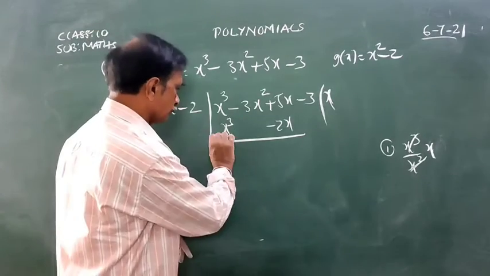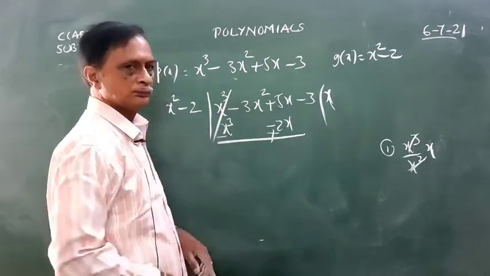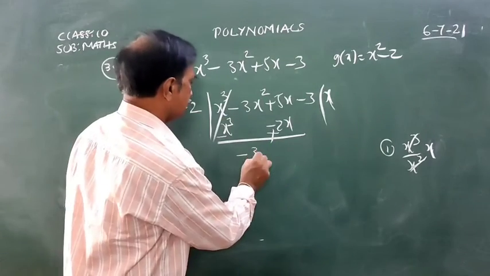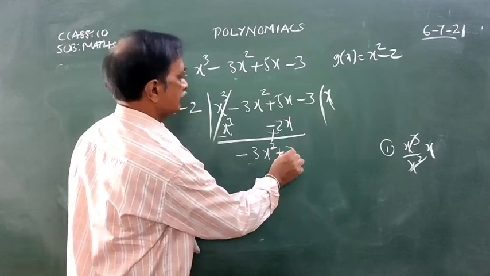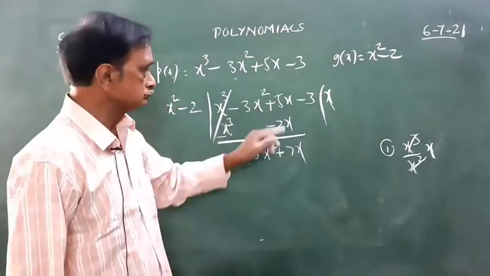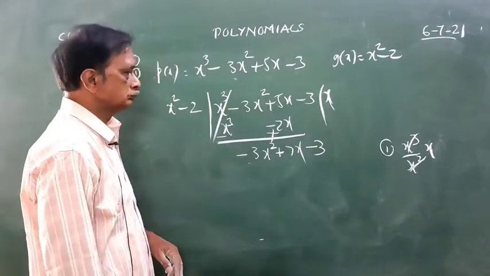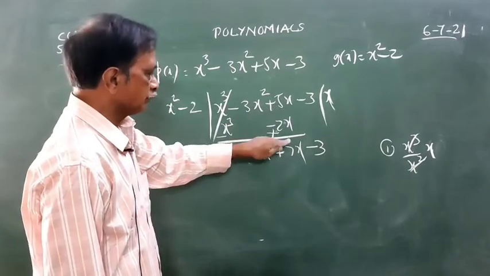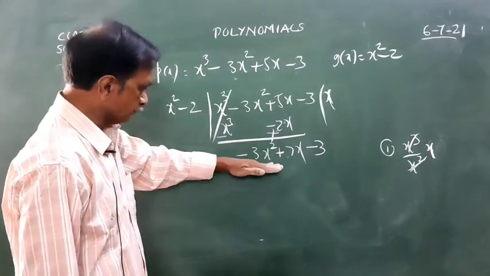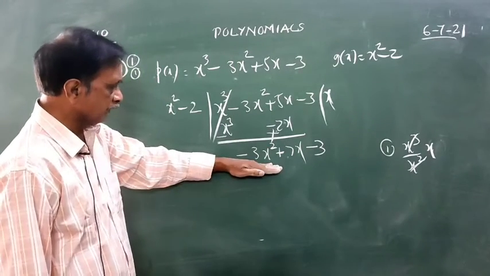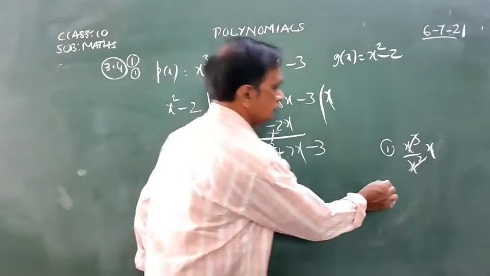Now subtract, minus plus. What is the difference? Minus 3x square plus 7x. Bring down the next term. Plus 5x plus 2x gives what? Plus 7x. Now again divide the first term of the new dividend by the first term of the divisor.